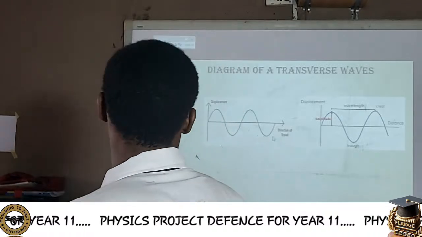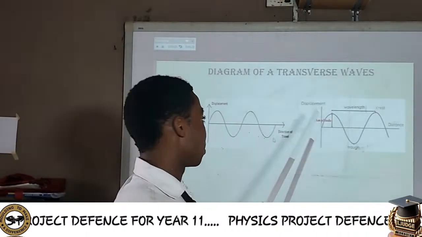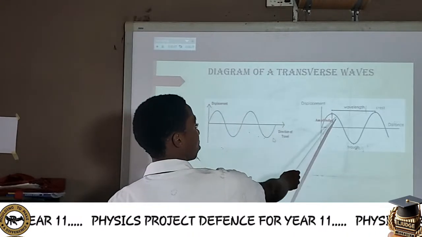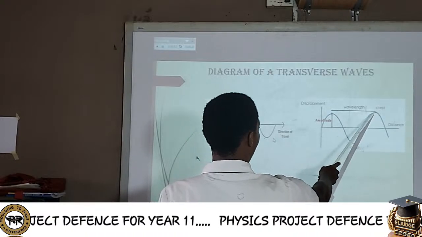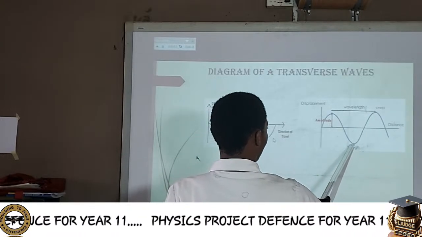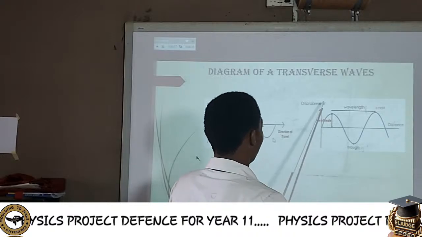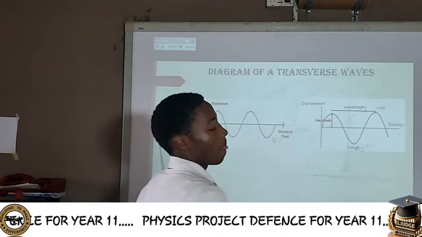Now this is a simple diagram of the transverse wave, which consists of, as you can see here, the wavelength from one crest to another, the trough, distance, displacement, and the amplitude, the maximum displacement from its rest position.